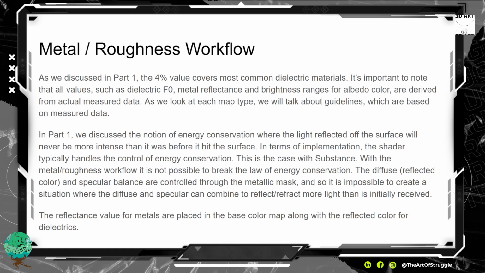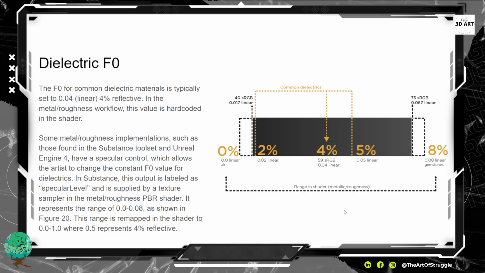So the reflectance values for metals are placed in the base color map along with the reflected color for the dielectric. Remember, the reflectance values for metals are placed in the base color map along with the reflected color for dielectrics. So the F0 for common dielectric materials is typically set at 0.04 like we discussed, which is linear, about 4% relative to the real world.